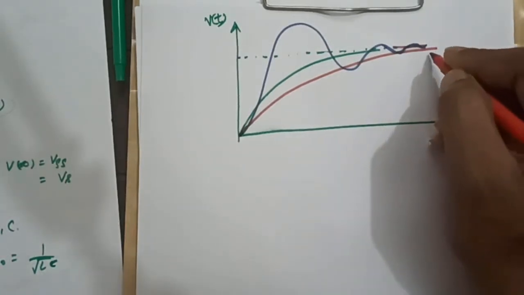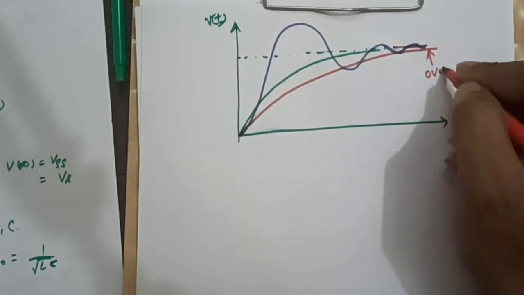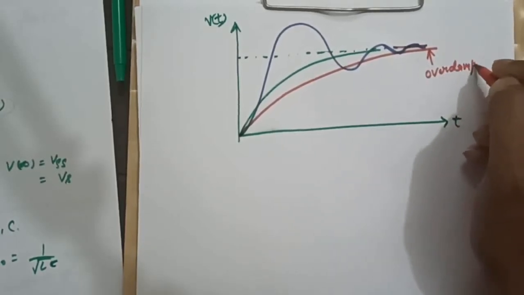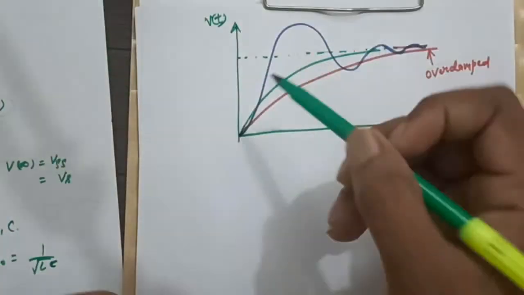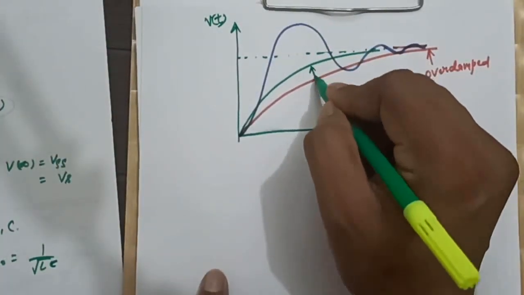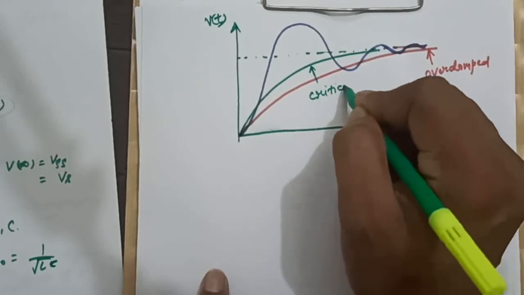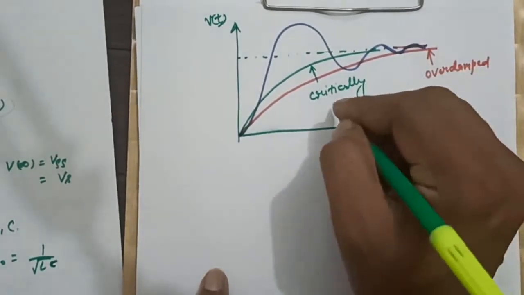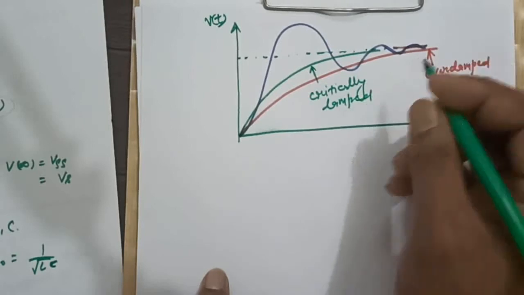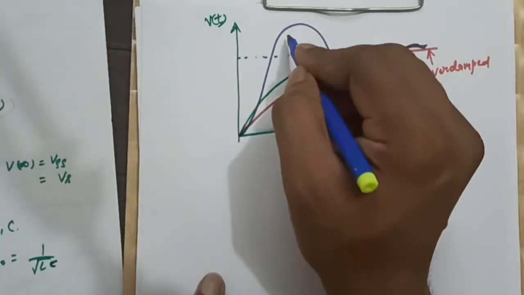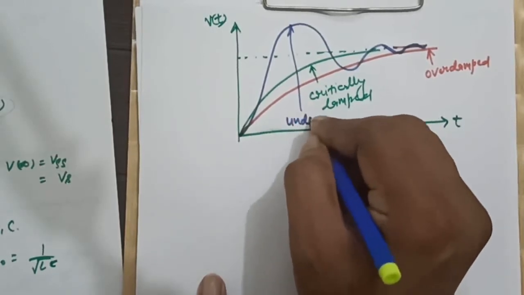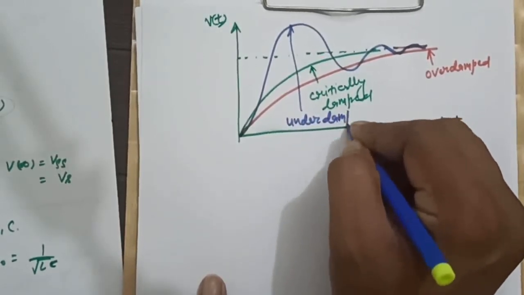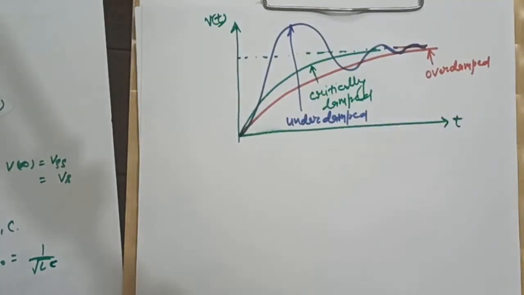Means the overdamped is slow. The overdamped response is slower than the critically damped. This is the critically damped response, and this is the underdamped. Right.